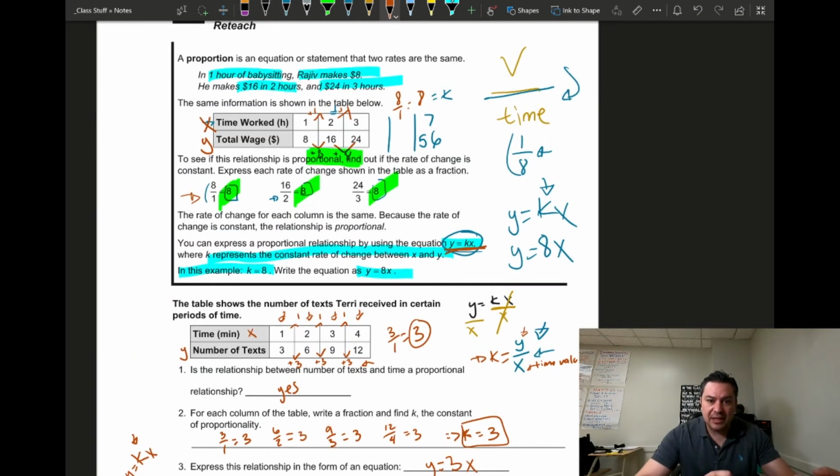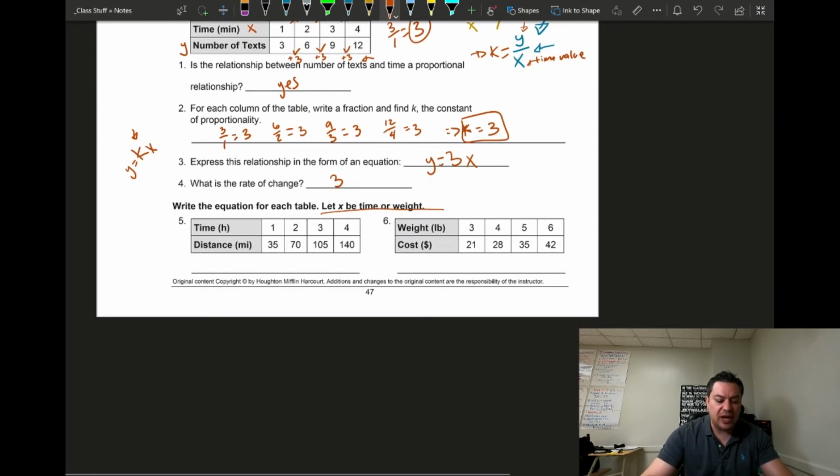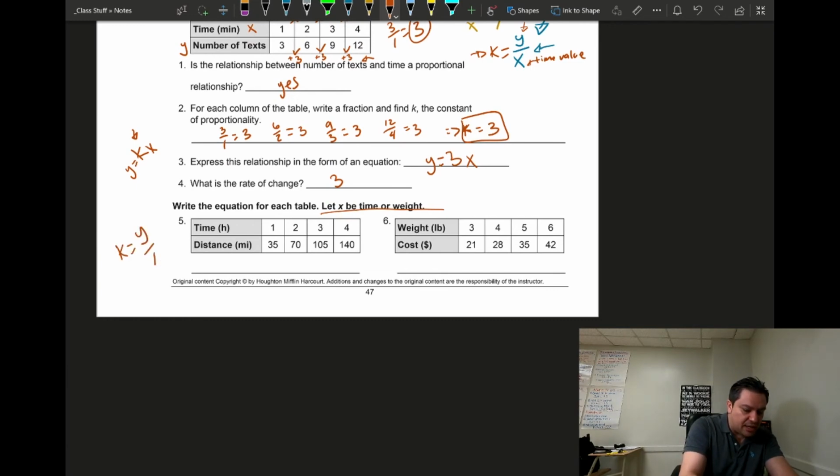Now they're making this true, but they're also telling you if you have the value of weight, like if it's ounces, kilograms, pounds, grams, any value of weight, you're gonna put it on the bottom, okay? It's gonna be your x, because the formula is k equals y over x, okay?